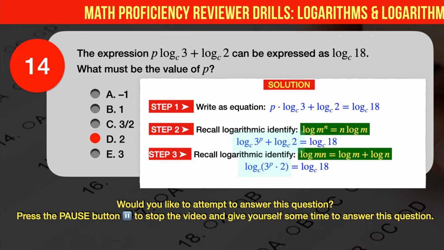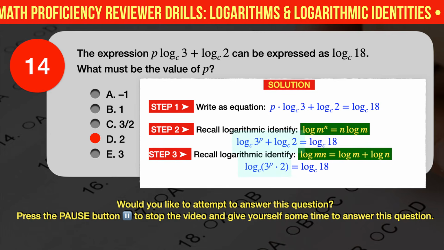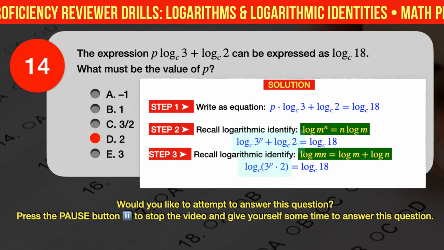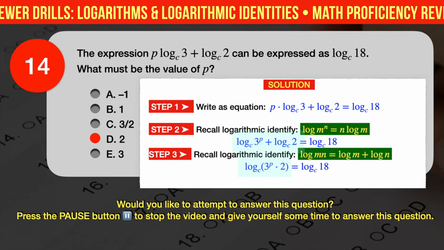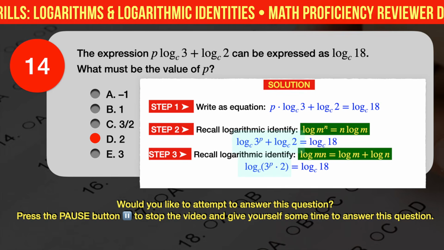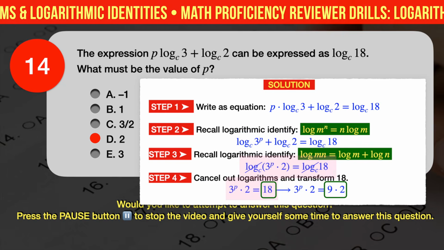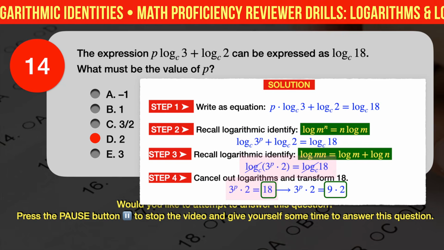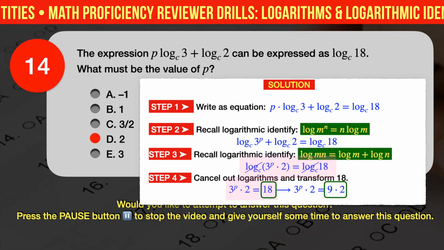The resulting two logarithmic expressions on the left side of the equation now have the same base c. Again, recalling our logarithmic identities, we can rewrite them as logarithm base c of the quantity 3 raised to p times 2. The logarithmic expressions on the left and right sides of the equation now have the same base c. Therefore, we can cancel the logarithms.